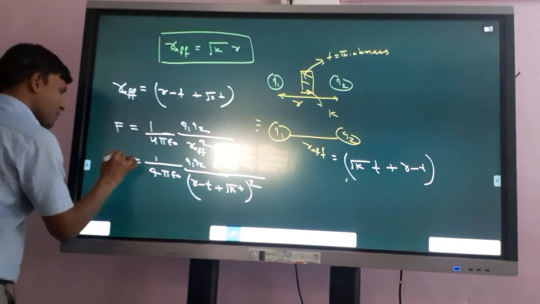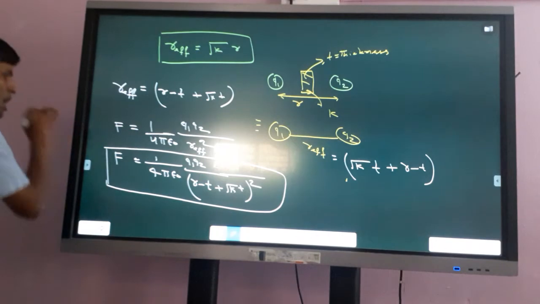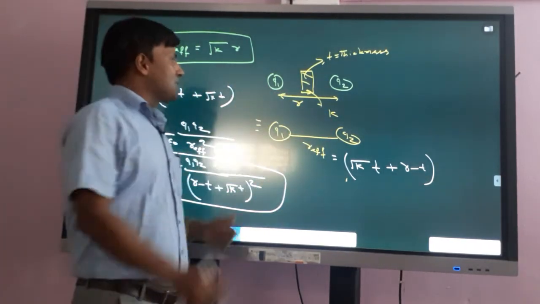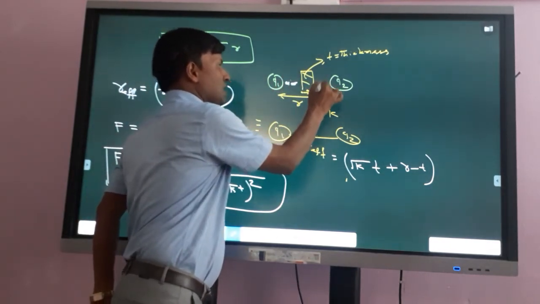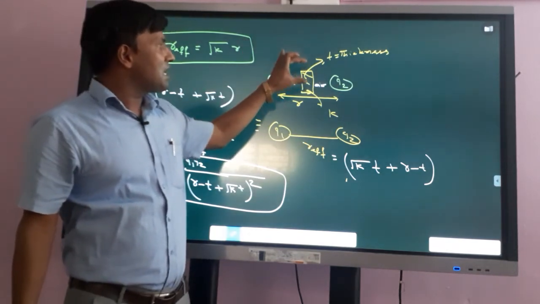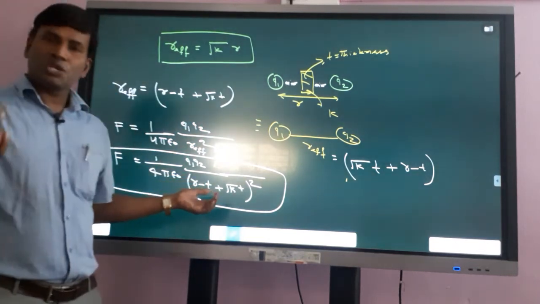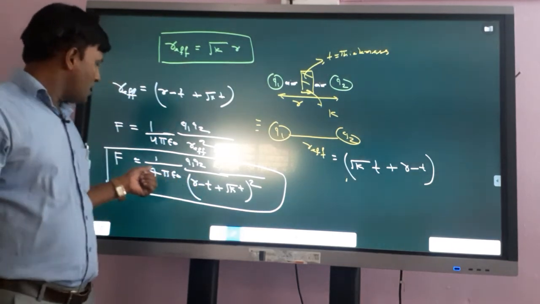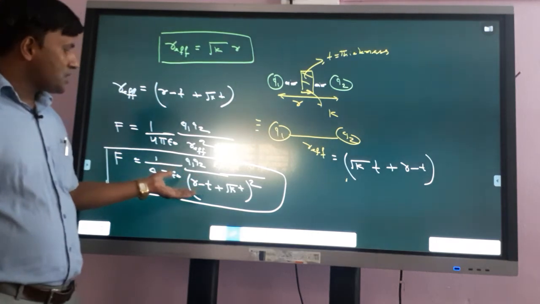So this is the force between two charged particles placed in multiple dielectric materials. If it is air here and air here, and this is the dielectric material of thickness T, then if in questions T, K and R are given, we can find force using this expression, that is, formula.